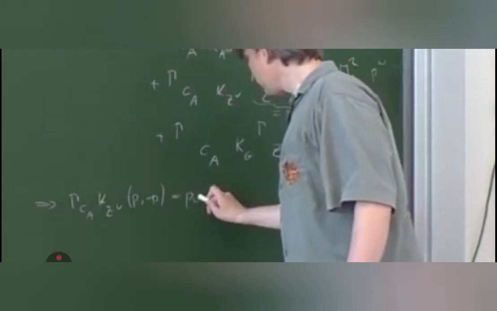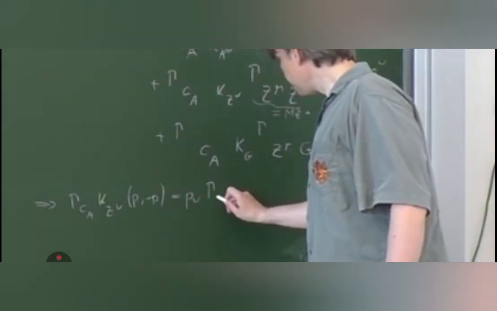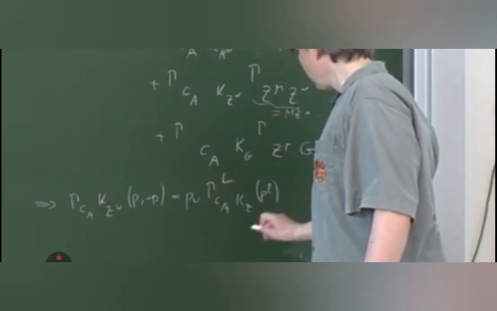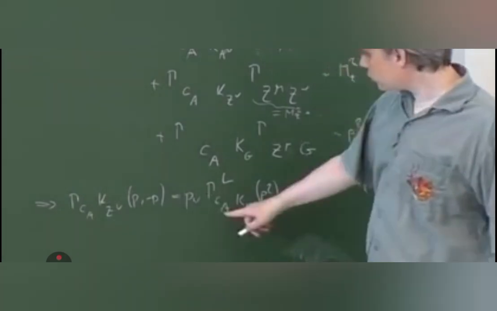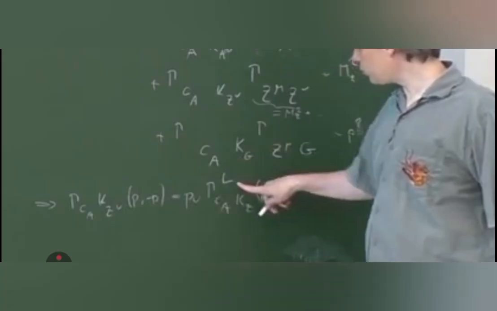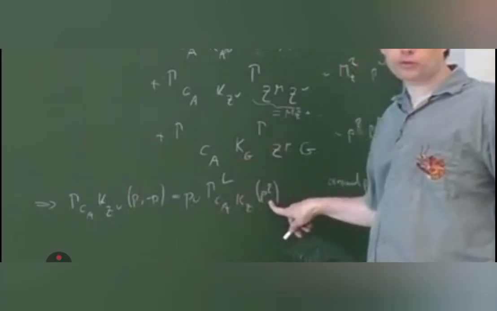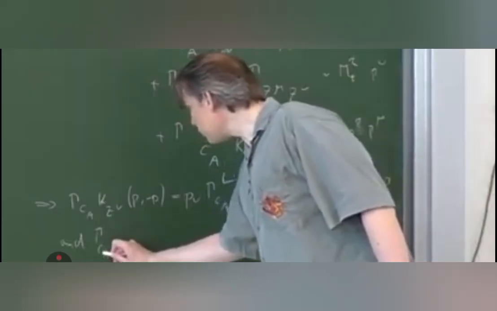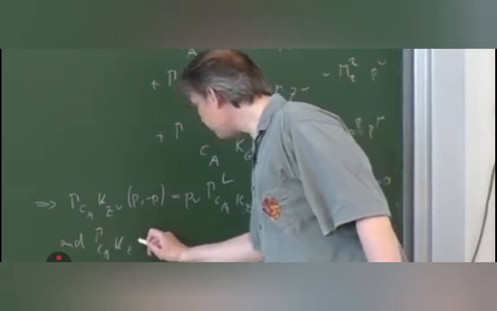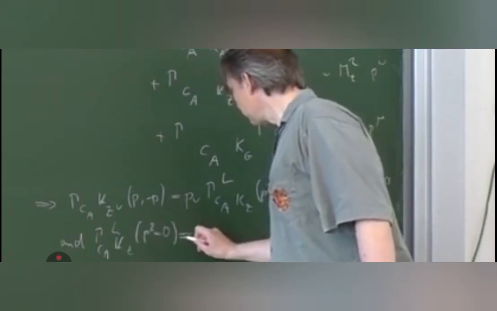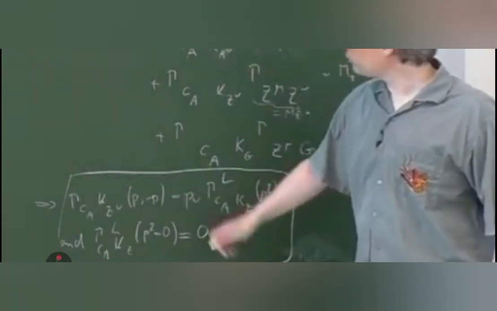So it first of all can be written like this. I introduce a covariant decomposition where I write this object as p_nu times a longitudinal object which only depends on p squared, and then this longitudinal object which only depends on p squared vanishes. So this is what we learn from the Slavnov-Taylor identity.